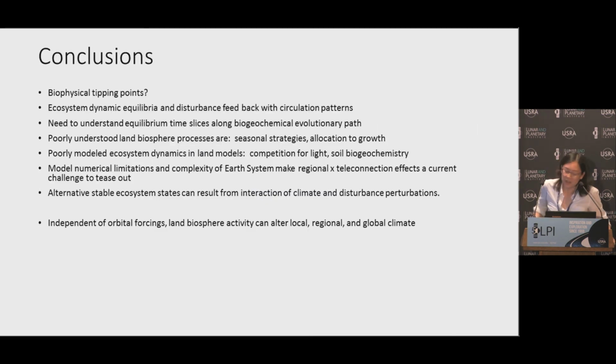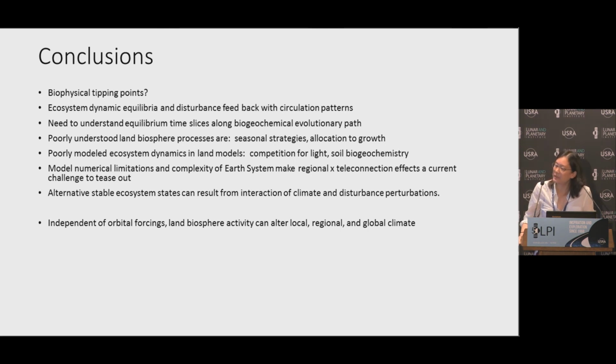So, conclusions: there are biophysical tipping points due to plants affecting climate, and they could have changed the climate habitability of the planet's surface. And there are dynamic equilibria that feed back with circulation patterns. They're interactive. They don't always operate independently. So we need to understand these dynamic equilibria along the biogeochemical evolution of the planet.